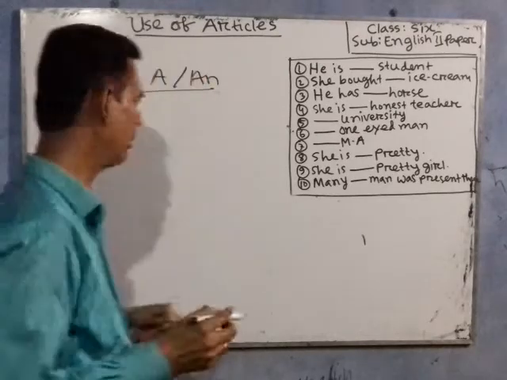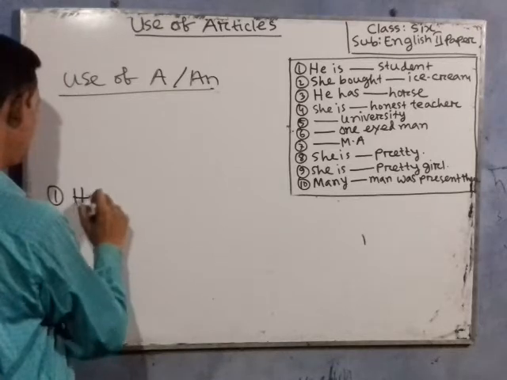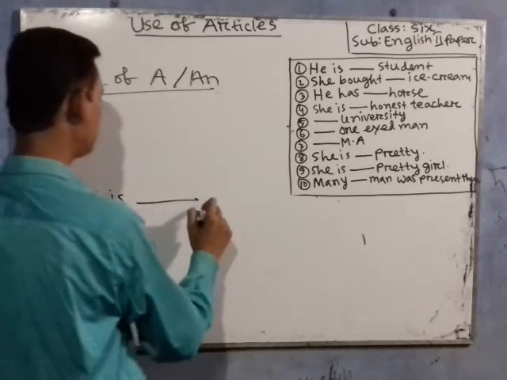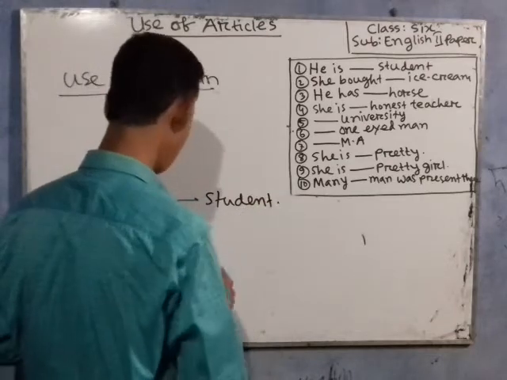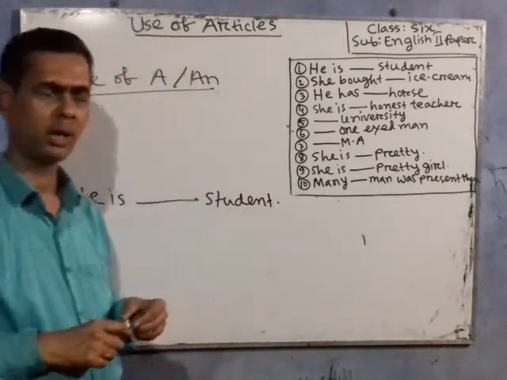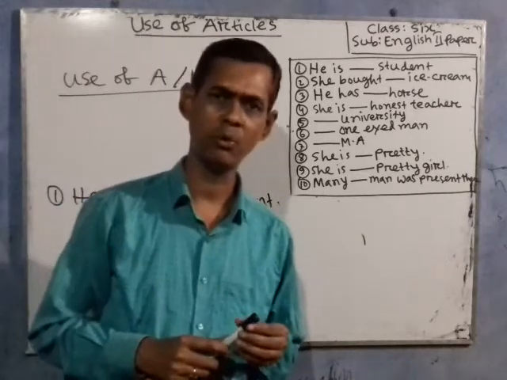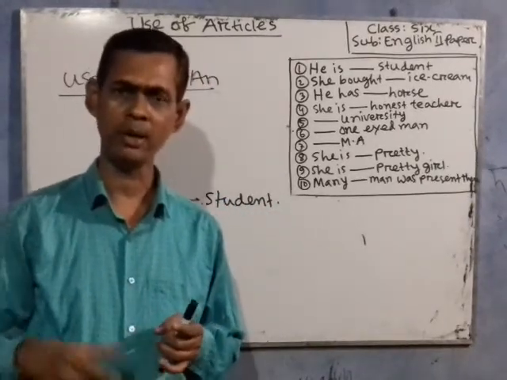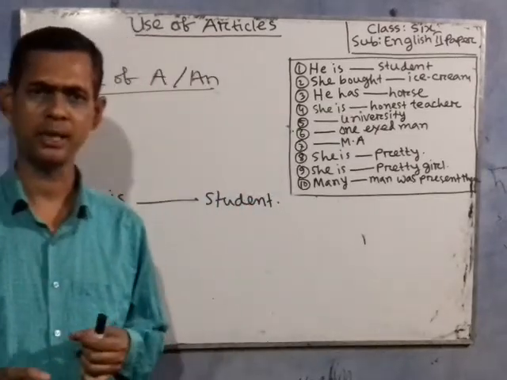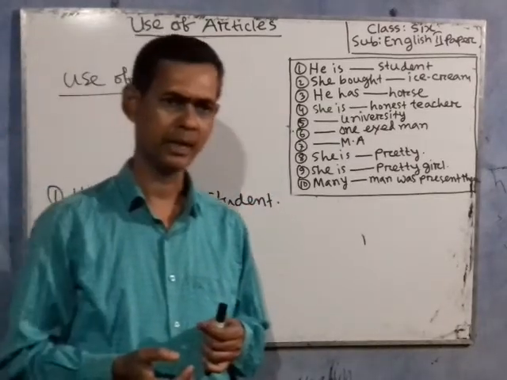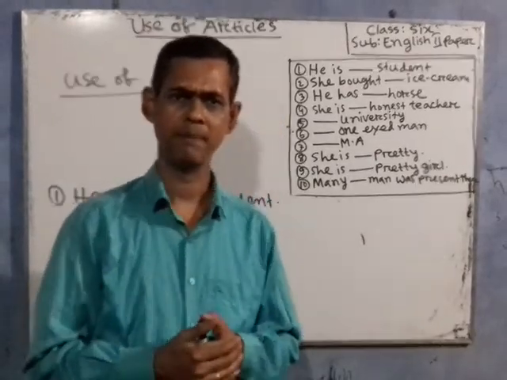First example, number one. He is dash student. Before teaching you the use of articles, at first you have to know about vowels and consonants. There are 26 letters in English. Among them, how many are vowels?